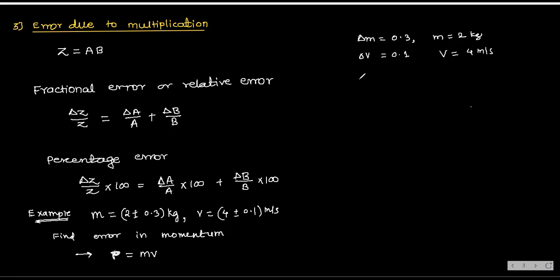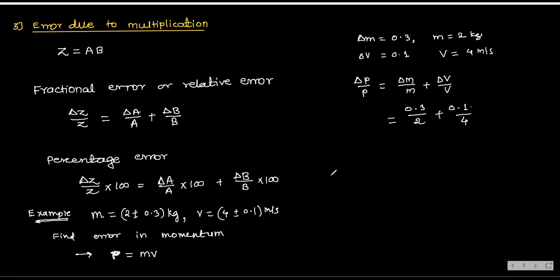Now what you want? First fractional error we will find out. So delta p divided by p is equal to delta m divided by m, because this is m we know, plus delta v by v. Substitute. Delta m is how much? 0.3 divided by 2 plus delta v by v is how much? 0.1 by 4.